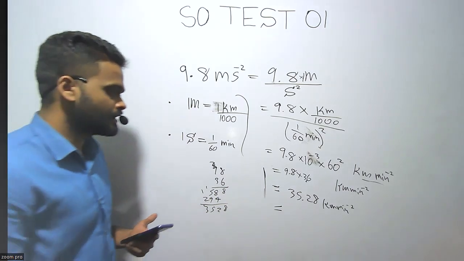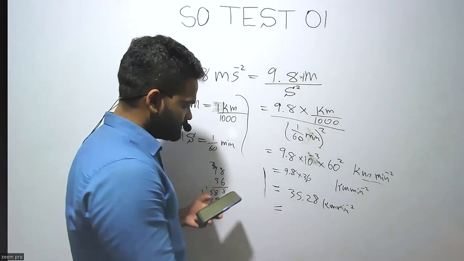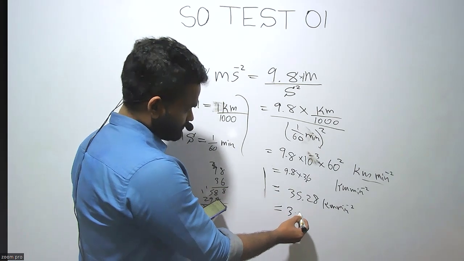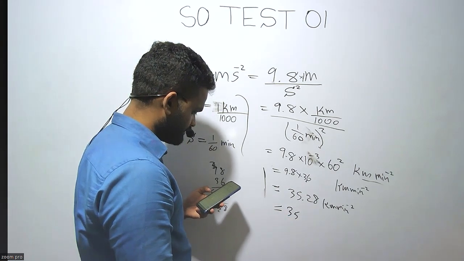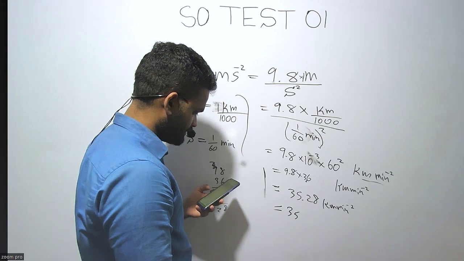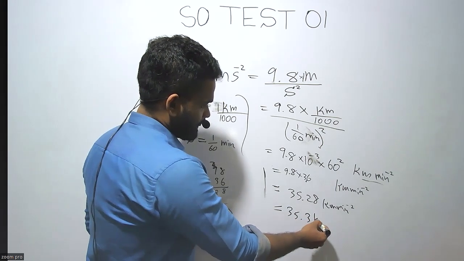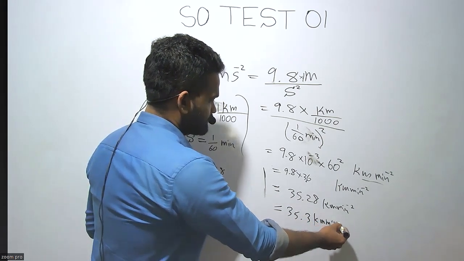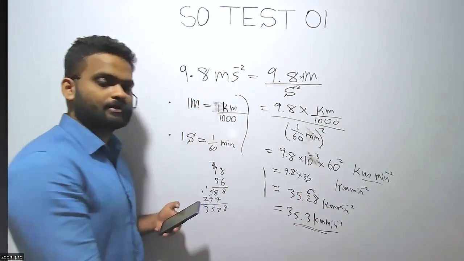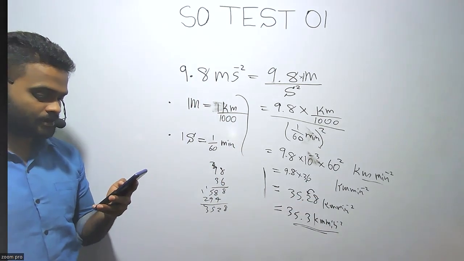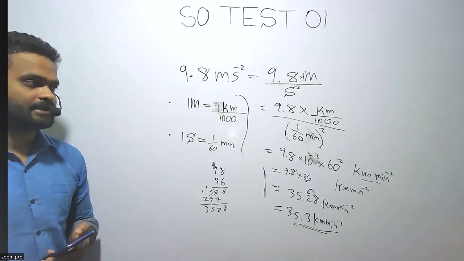Okay, so the answer is they have rounded off. I think it is 35.3 kilometers per square minute. They have rounded off to 35.3 kilometers per square minute. So the answer should be the 4th one for that question.